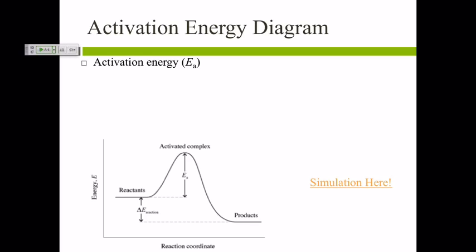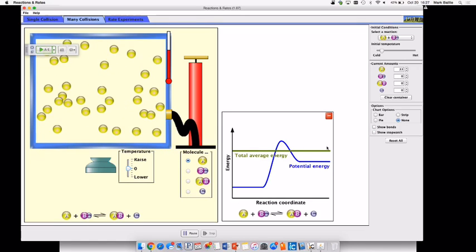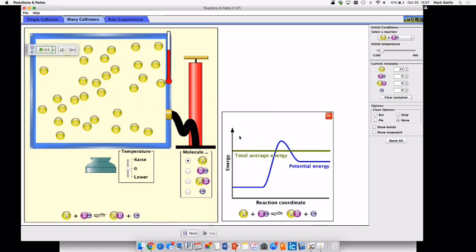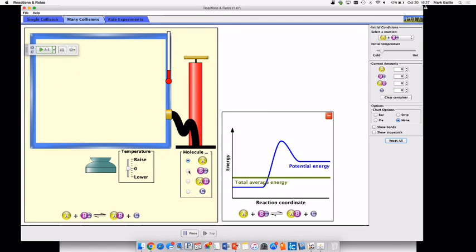So this simulation that we had a minute ago does not only show gases moving around. Reset. But it can also show a reaction. So let's show, where are our options?